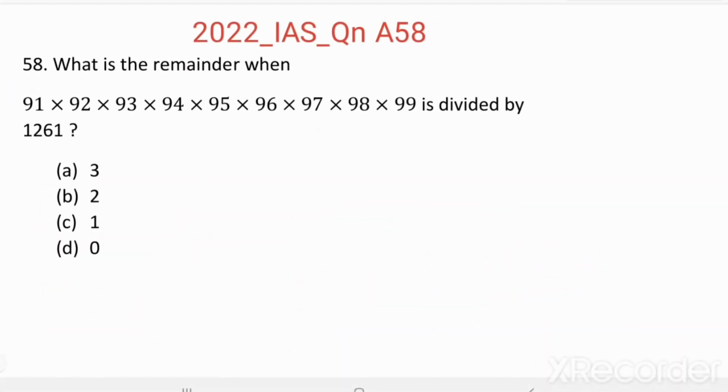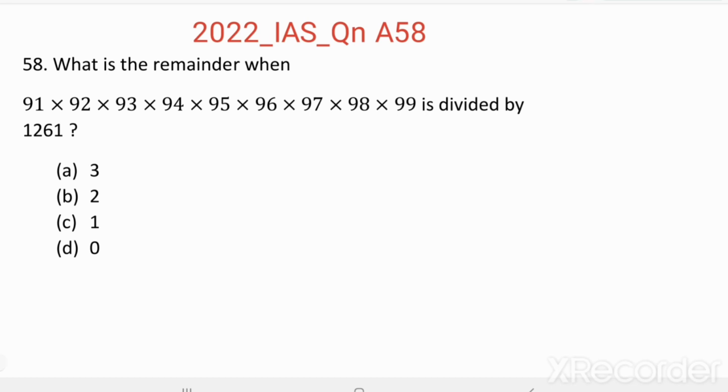Question number 58. What is the remainder when 91 × 92 × 93 × 94 × 95 × 96 × 97 × 98 × 99 is divided by 1261?